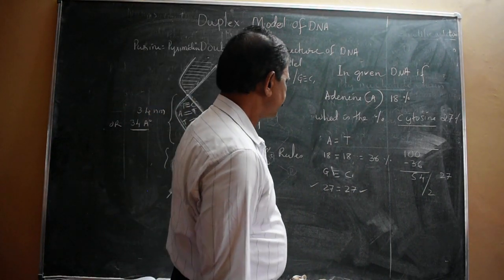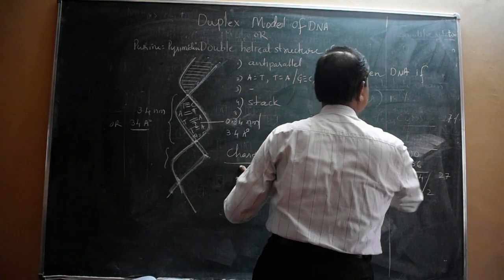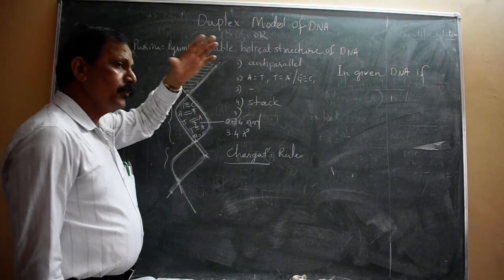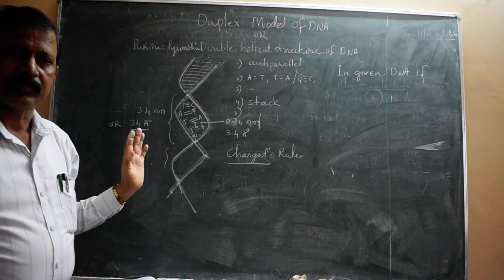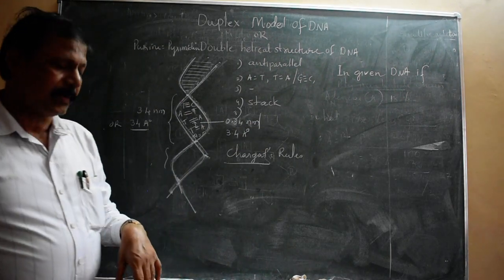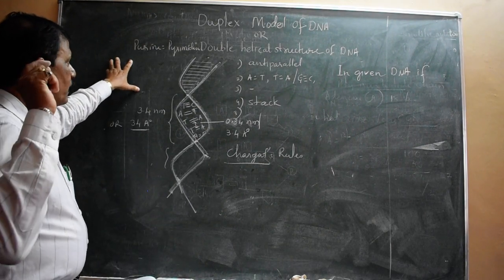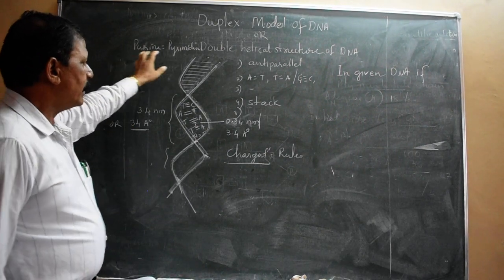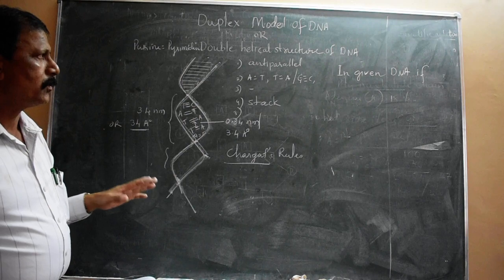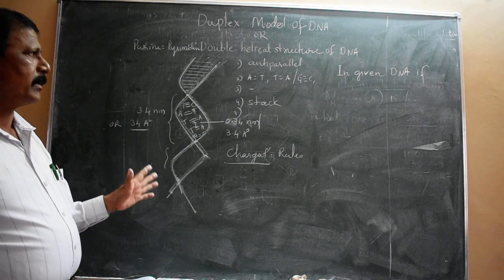So in this way, according to Chargaff's rule, the total number of purines and pyrimidines must be the same, and that should be 100%. So the amount of purine and pyrimidine in a given DNA strand is always equal. Adenine with thymine, and guanine with cytosine, the number is always the same.